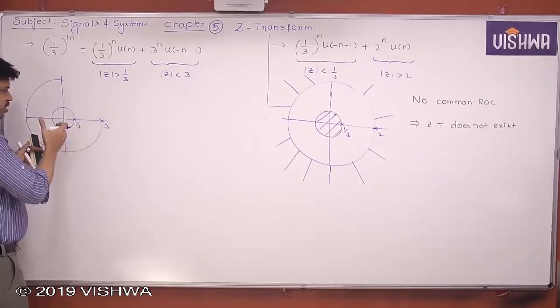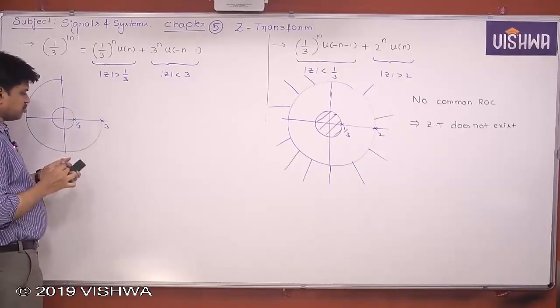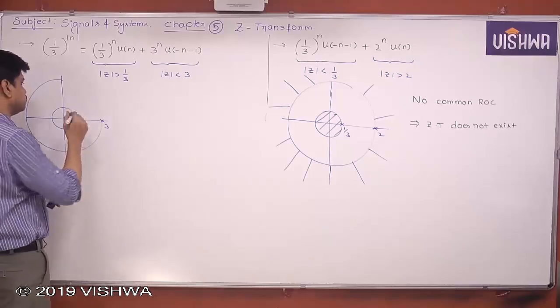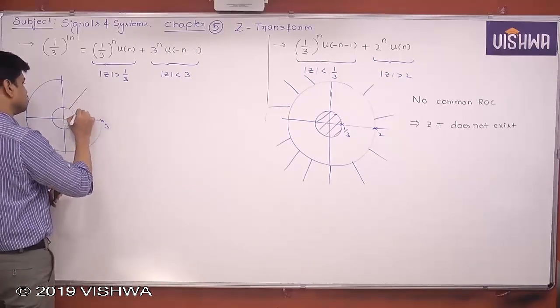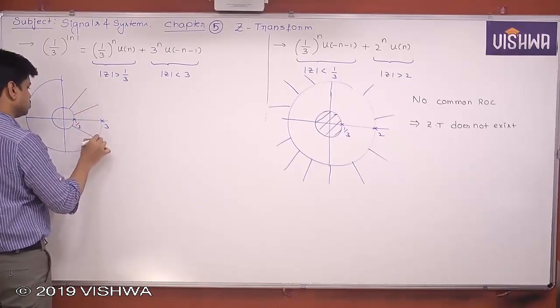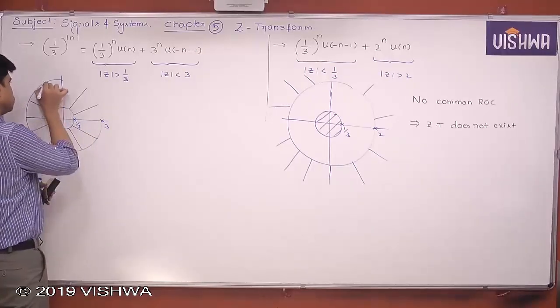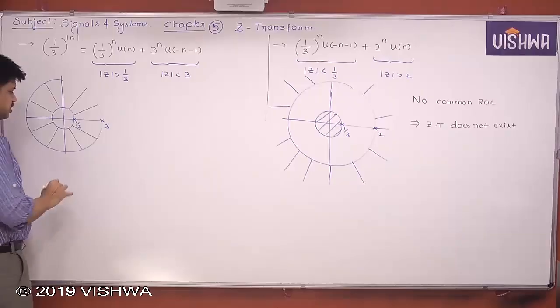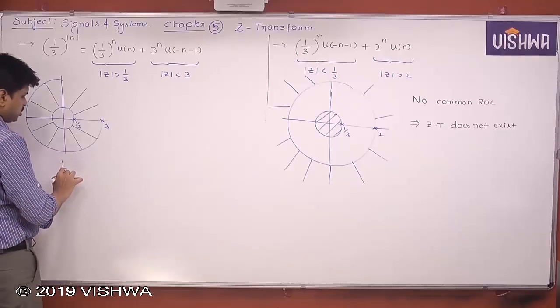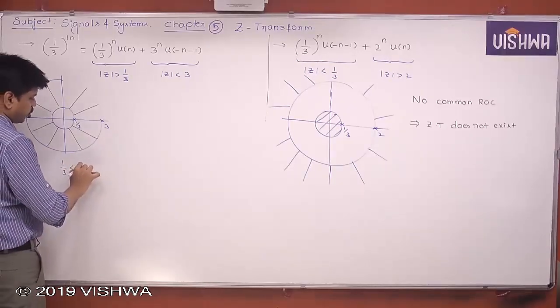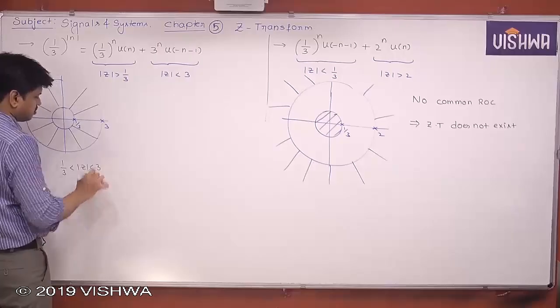Mod z less than 3, greater than 1 by 3, that is nothing but in between. This is the ROC, 1 by 3 less than mod z less than 3.